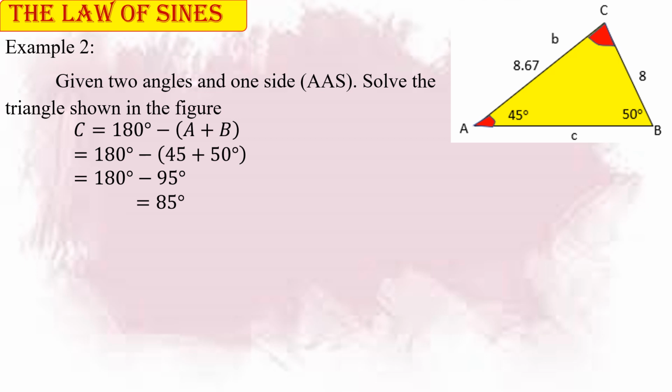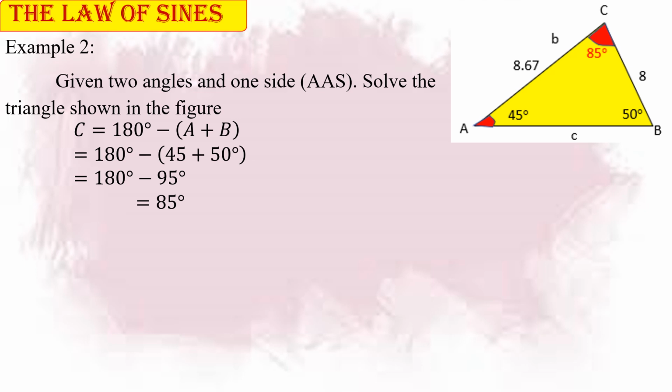So let's subtract that from 180 degrees. So 180 degrees minus 95 degrees, so ang measurement ng angle C natin is 85 degrees. So we have now the 85 degrees for angle C.